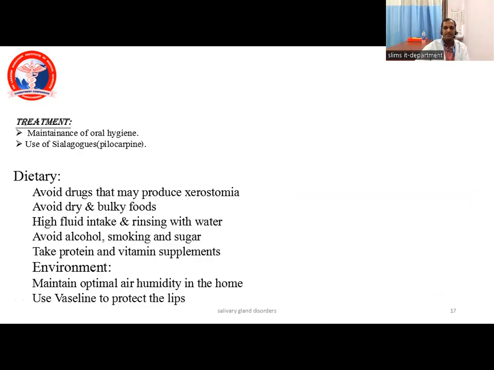And the treatment will be maintenance of oral hygiene and use of sialagogues, most commonly pilocarpine. Avoid drugs that may produce xerostomia, and avoid dry or bulky foods. High fluid intake or rinsing with water, avoid alcohol, smoking and sugar, take protein and vitamin supplements, maintain optimal oral hygiene, and use topical application of Vaseline.